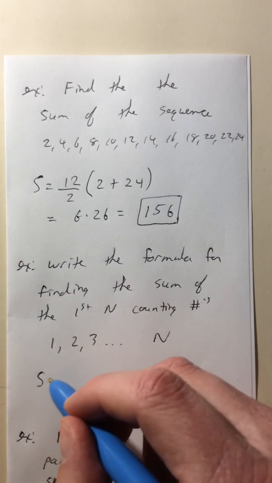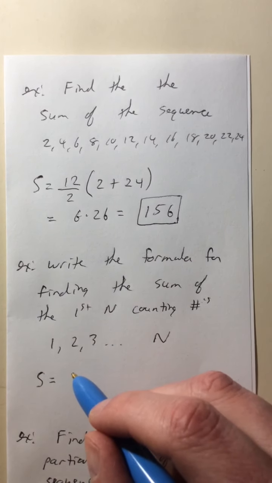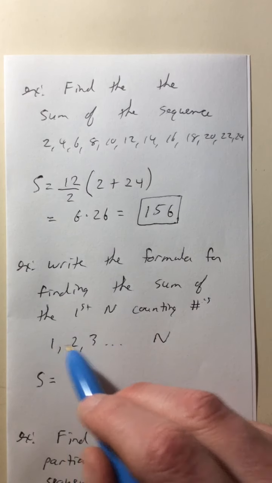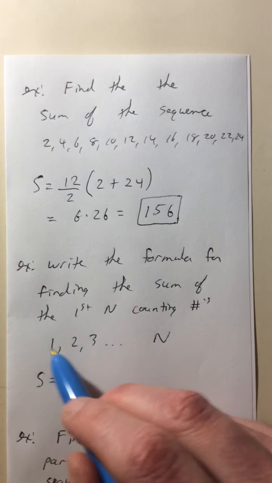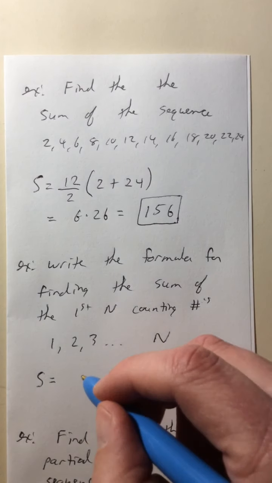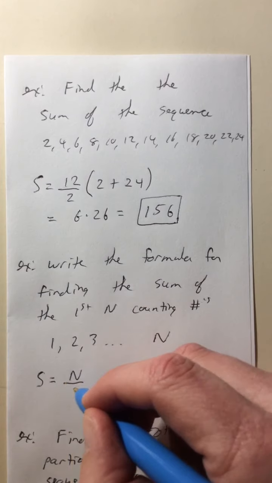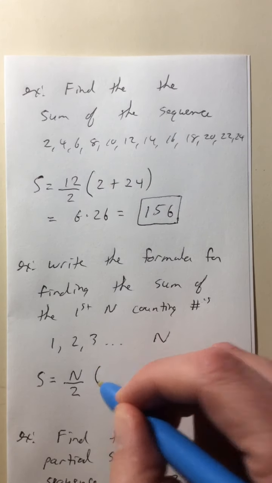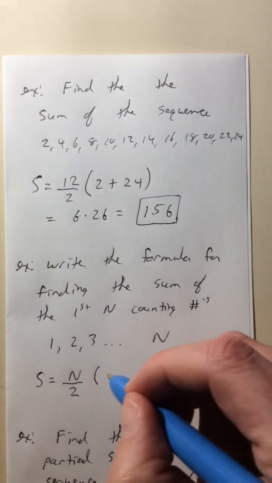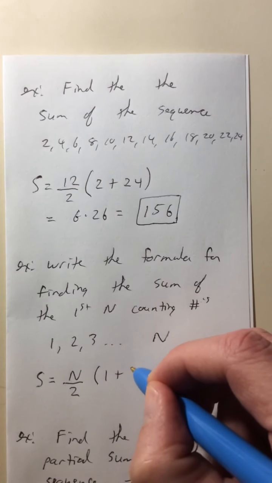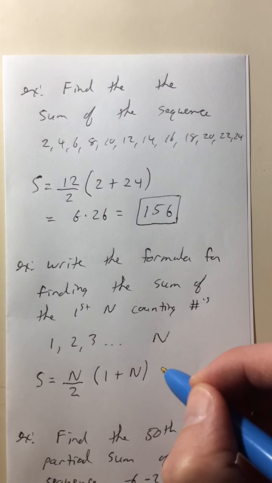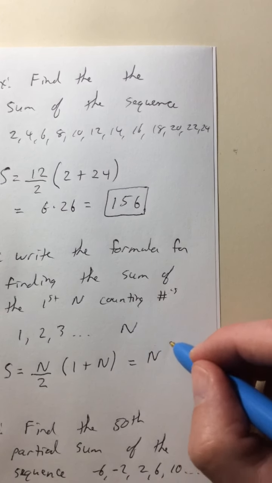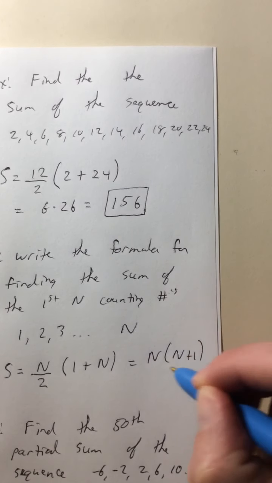So sum equals, the number of pairs, well, I know that I'm going to have this many numbers, so I'm going to have half of that as my number of pairs. So that's going to be n over 2. And then I'm going to multiply that by the first one plus the last one. And so this formula is more commonly written as n times (n plus 1) over 2.